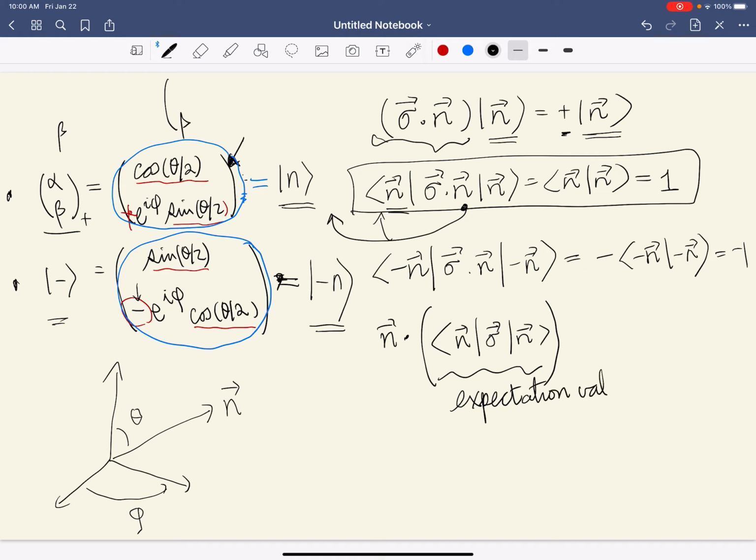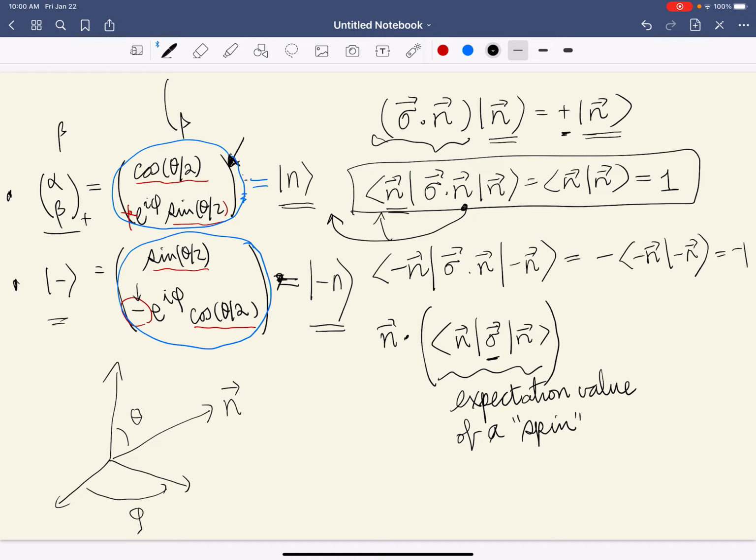This is the expectation value of a spin. Of course, we're talking about a general two-level quantum problem, so this sigma Pauli matrix doesn't really have to represent a real physical spin. Okay, so this is a spin in a more generalized sense.